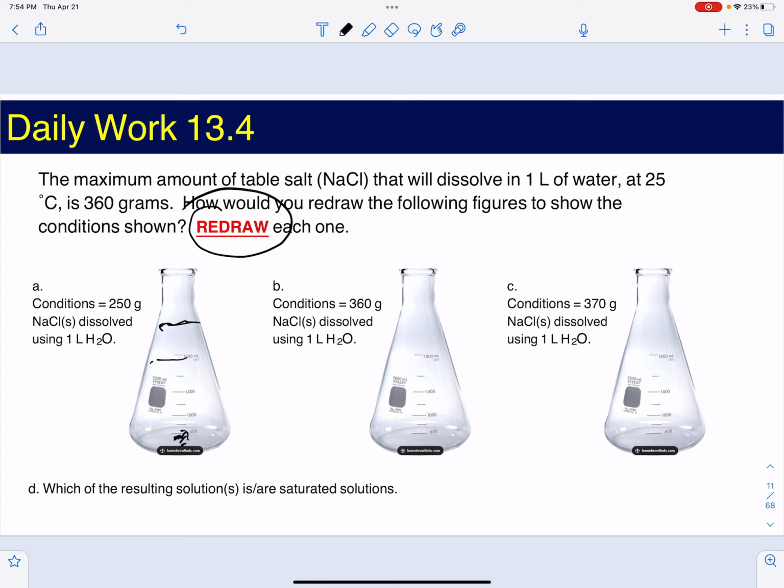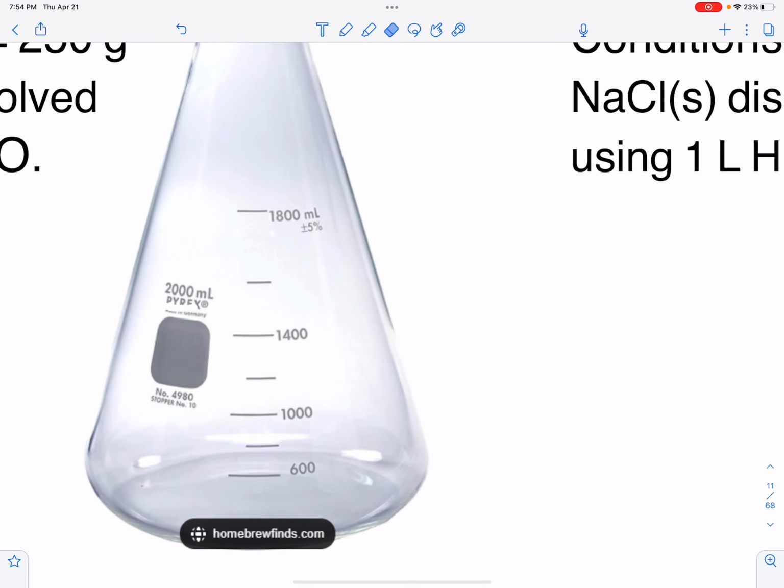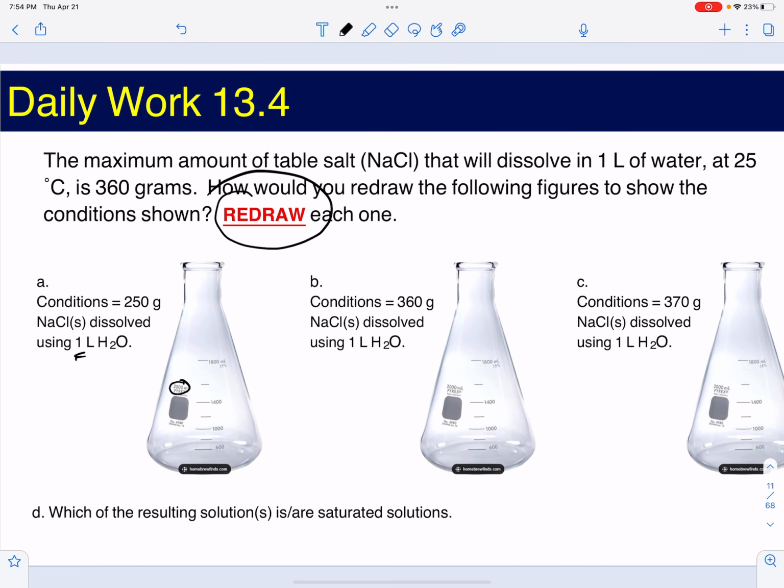How will I draw that? So try to visualize what's happening and try to represent it in a drawing. Notice that the flask is a 2,000 milliliter, or 2-liter flask, and you're using only 1 liter of solvent and so much of the solute. So what will happen based on this information? Okay?